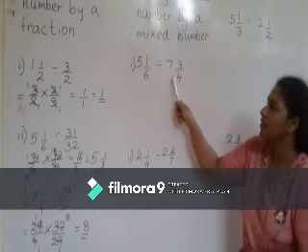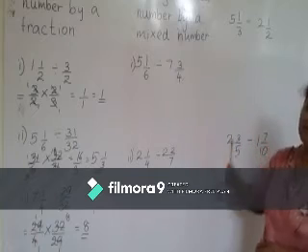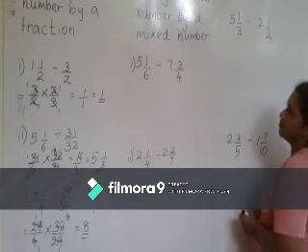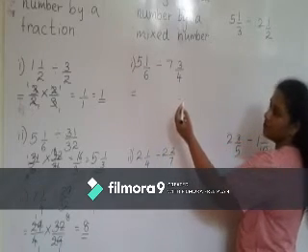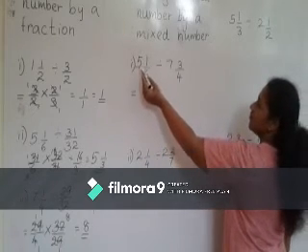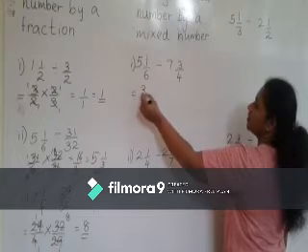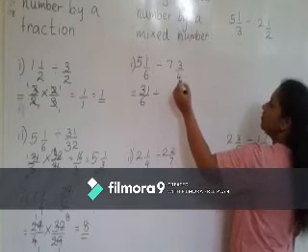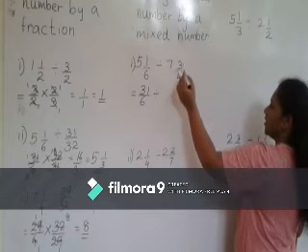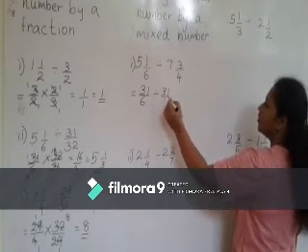The other question topic: divide a mixed number by a mixed number. Here a mixed number and the other one also a mixed number. So we are going to divide. Mixed numbers we have to make into improper fractions. 6 times 5 is 30. 30 added 1 is 31 over 6. Divide by 4 times 7, 28. 28 added 1 is 31 over 4.